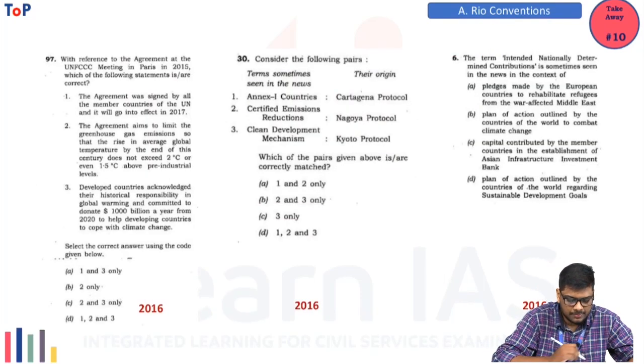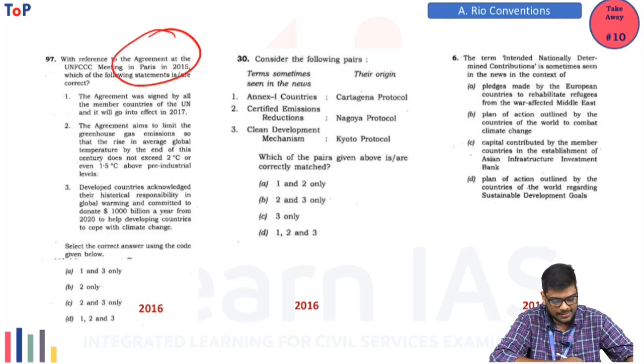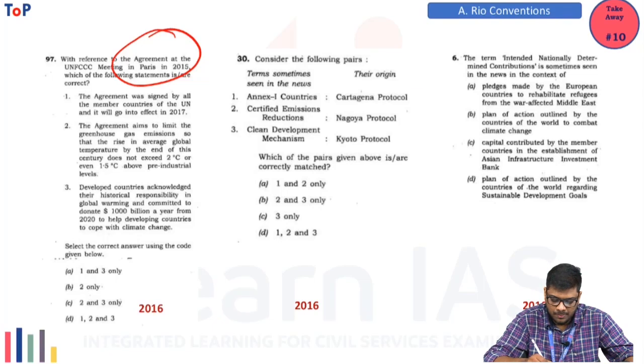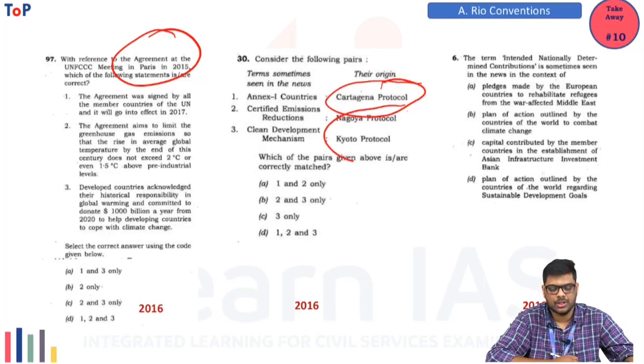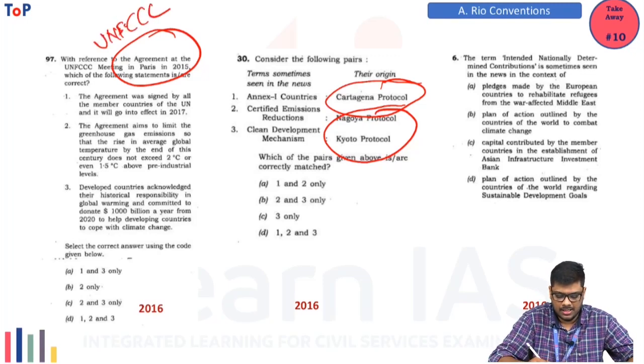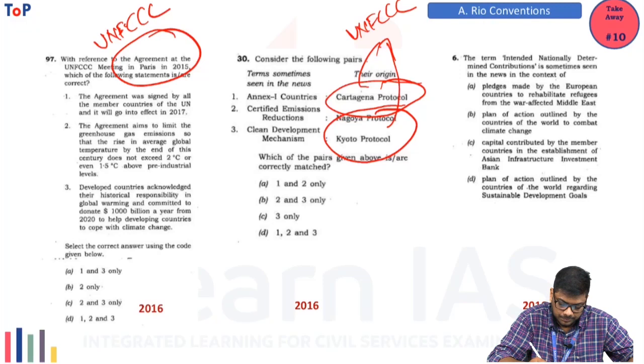See, Paris Agreement. A question regarding the Paris Agreement. And another question regarding Cartagena Protocol, Nagoya Protocol and Kyoto Protocol. Remember, this Paris Agreement is related to UNFCCC, and Cartagena Protocol and Nagoya Protocol both are related to UNCBD.